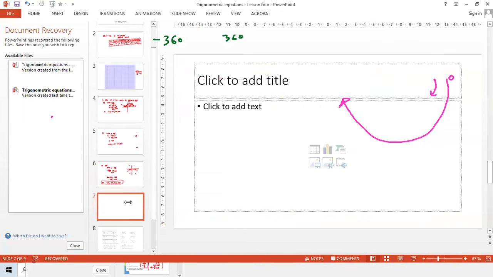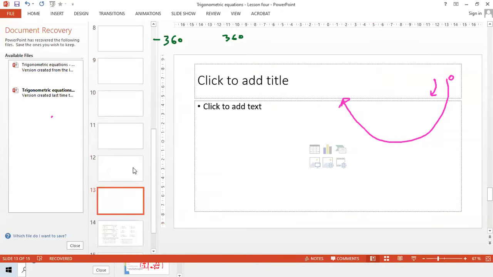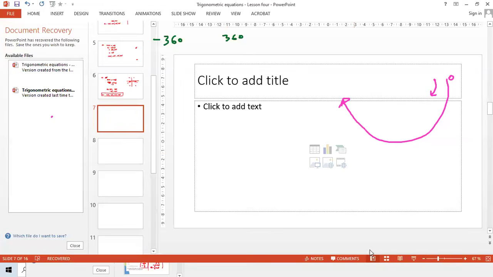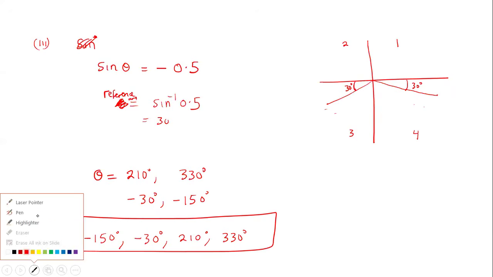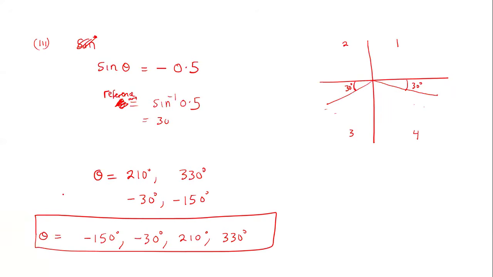Good morning. Morning. Master, I was asking, here, after getting the answer, after putting sine inverse, we can't put 150 as a negative.